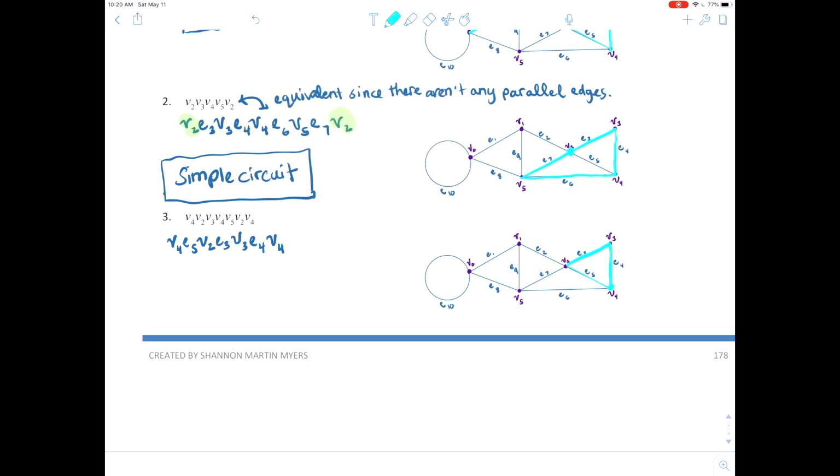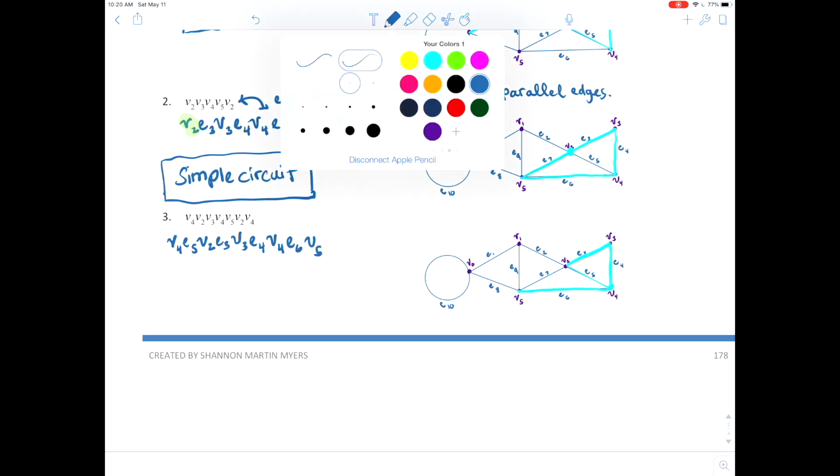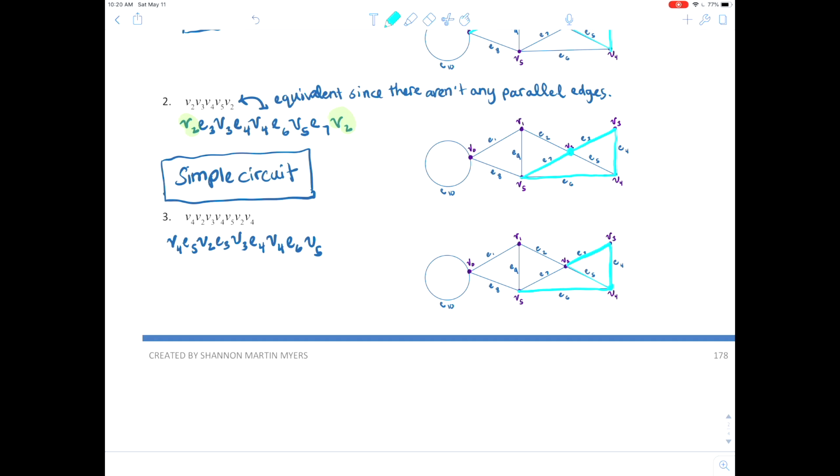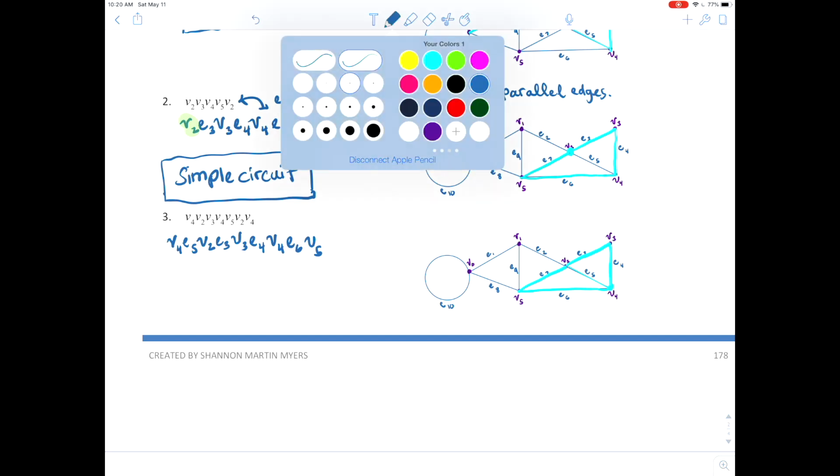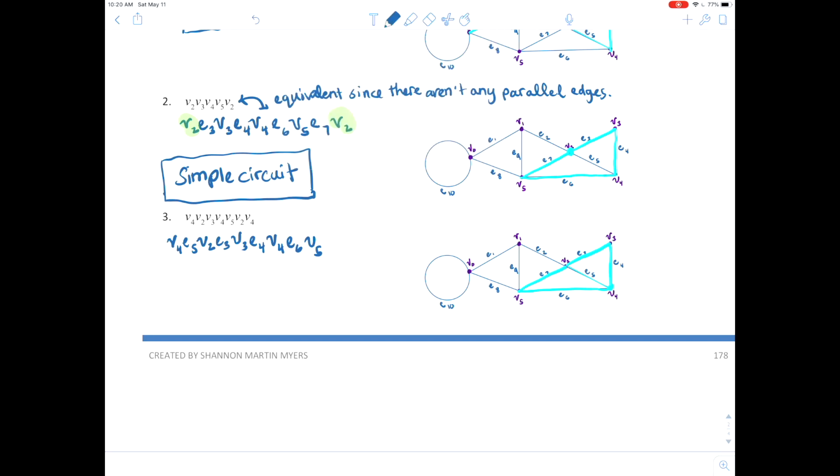And now where are we going? We're going from V4 to V5. That one happened to be V4, E6, V5. The next step is from V5 to V2, so we have V5, E7, V2.